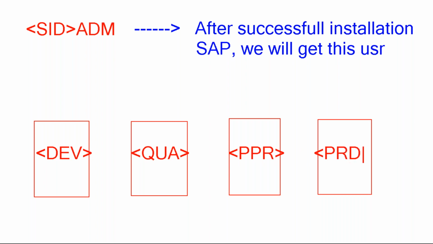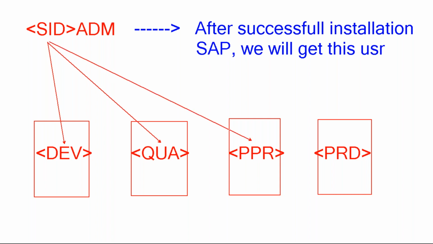So this is called the system ID. At the time of SAP installation, we need to assign the system ID. So on the name of the SID, we will get one user after successful SAP installation only.